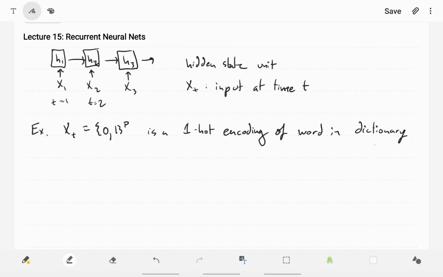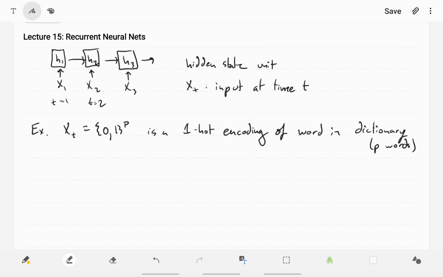There are p words in total in the dictionary, so this is an extremely high-dimensional vector. You can think of these as words appearing in sequence, and we have a one-hot encoding of each word, and we have an entire dictionary of all of the words in our corpus.